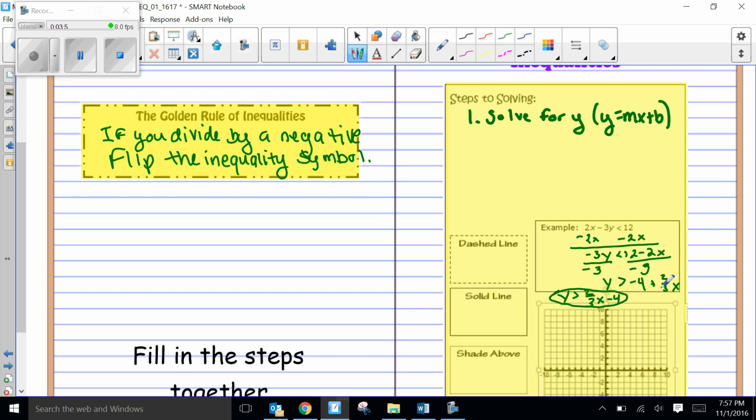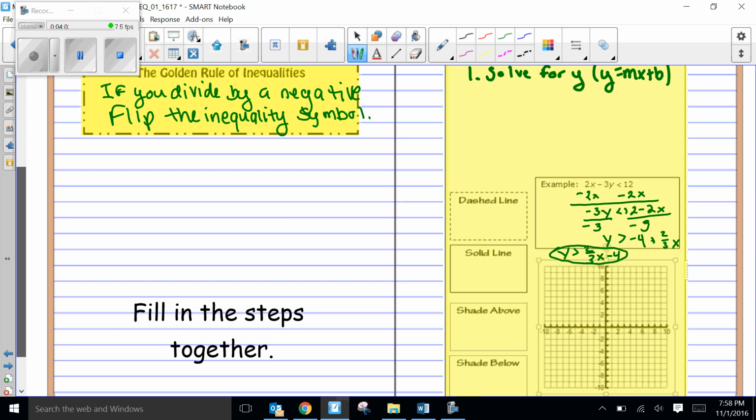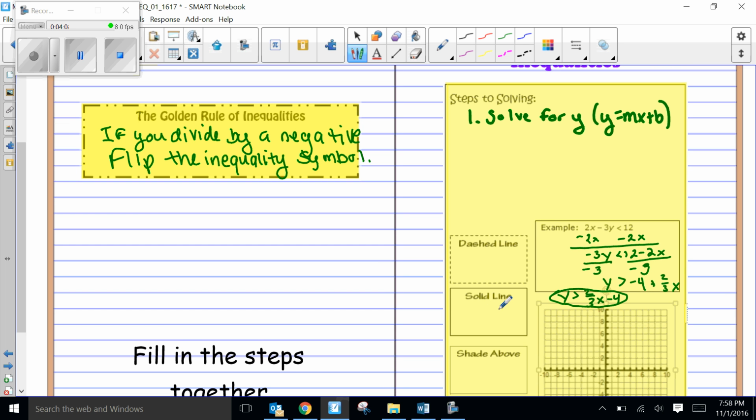Now we need to determine if the boundary line is going to be solid or dashed so that we can graph it. Okay, so let's talk about solid and dashed. If you recall when you learned to graph inequalities on a number line, when you had a solid circle, that meant less than or equal to and greater than or equal to.